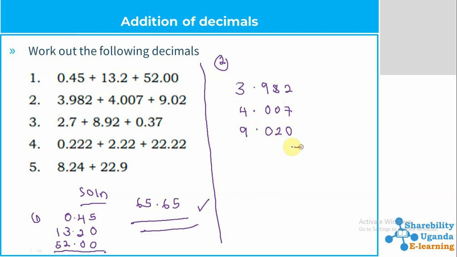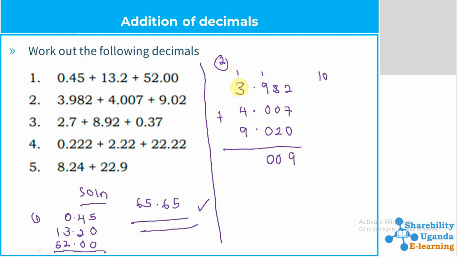This should also have a 0. We are adding. When you add a 2 and a 7, this becomes 9. 8 and a 2 becomes 10. We write a 0, we carry 1. Also this one becomes 10. We write a 0, carry 1.